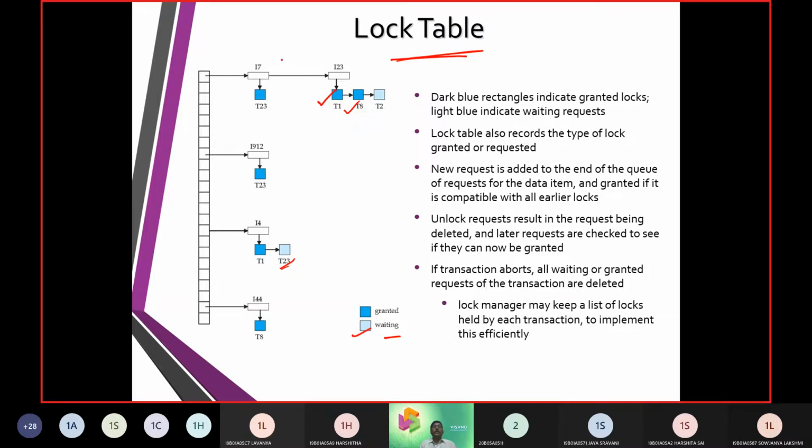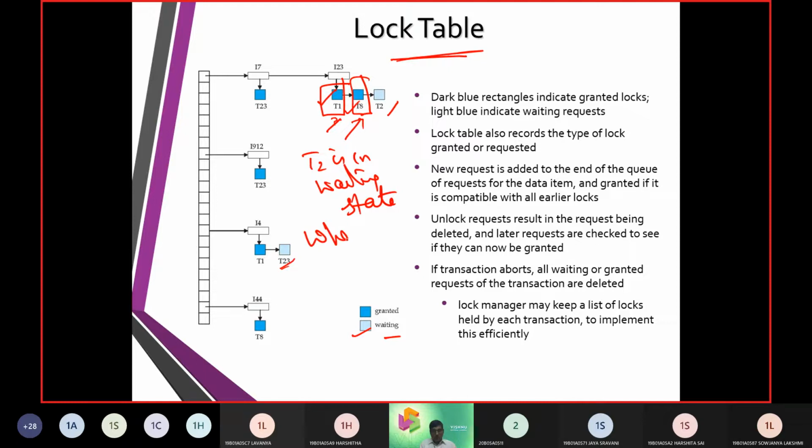So we have the disk blocks, and on these disk blocks, a read operation or a write operation is going to happen. That is on T1 or T8 or T2. So T2 will happen after T1 and T8 are finished. So T2 is in a waiting state.